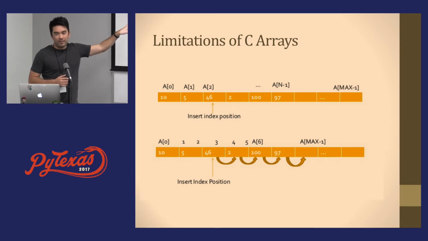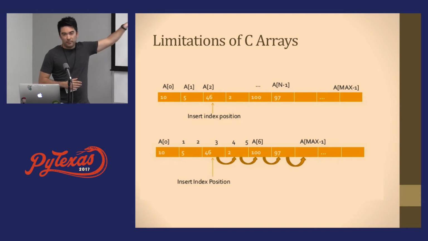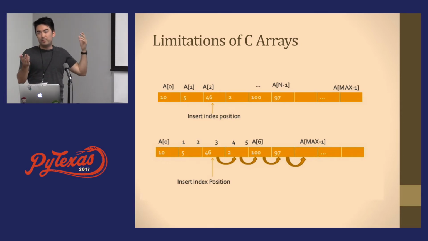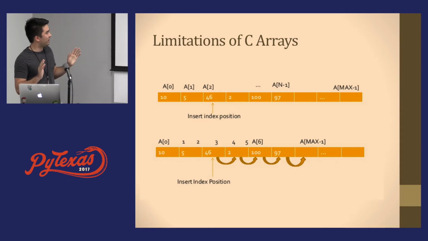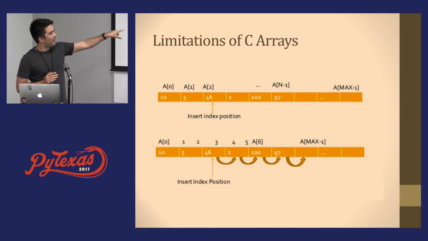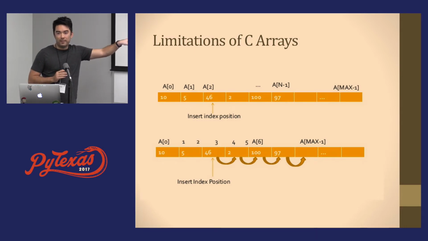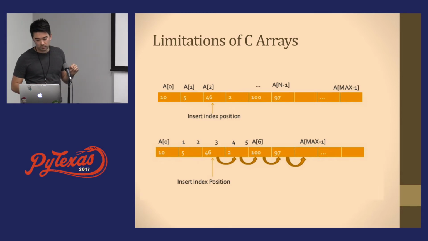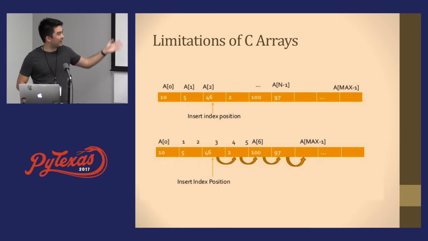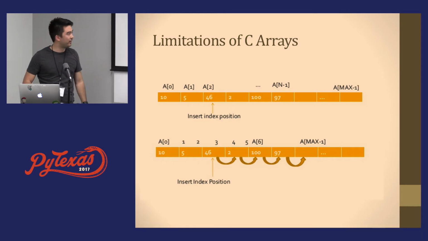But if you think about it, these are memory addresses. You can't just create a new memory address to stick in the middle of your array. That's OS territory. So what ends up happening is that you have to move every subsequent element down, which means you're rewriting everything that comes after that insert. So it's like a cascade of rewrites that you're causing.